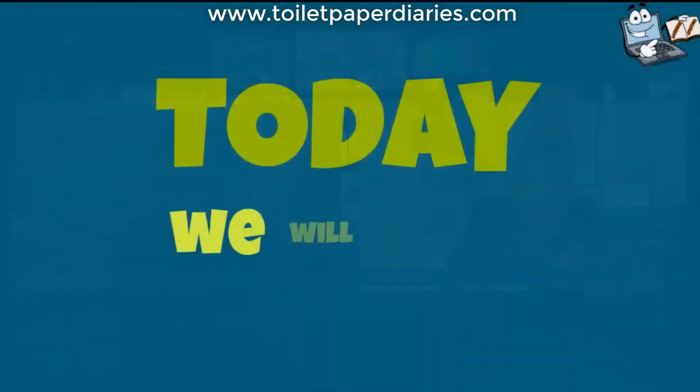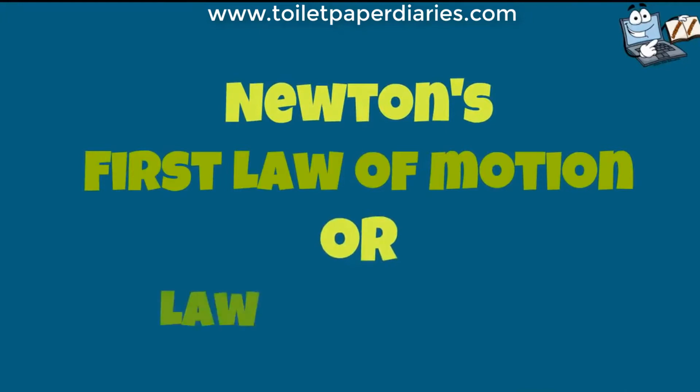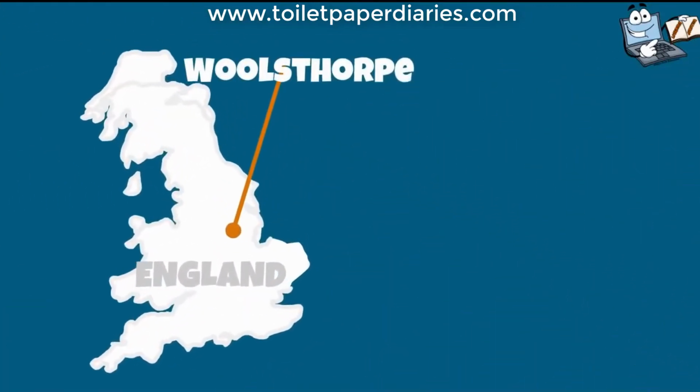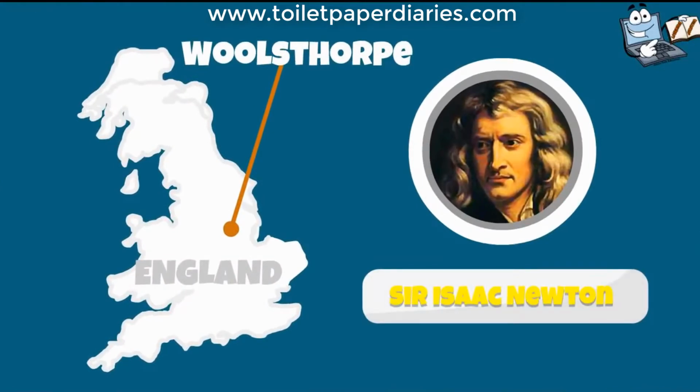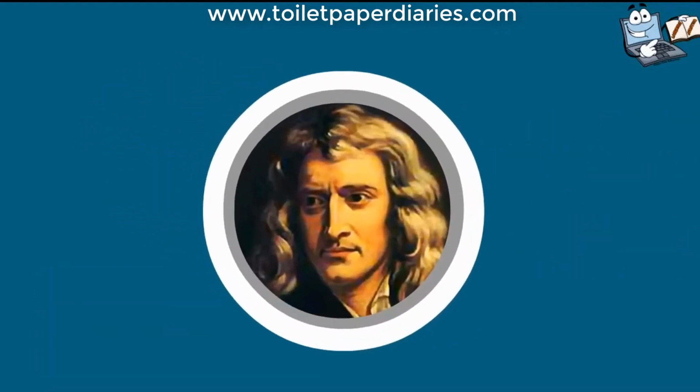Have a look. Today, we will learn about Newton's first law of motion, or law of inertia. There was this fellow in England named Sir Isaac Newton, born in Woolsthorpe, England on January 4, 1643. This extremely talented guy doesn't need any introduction.